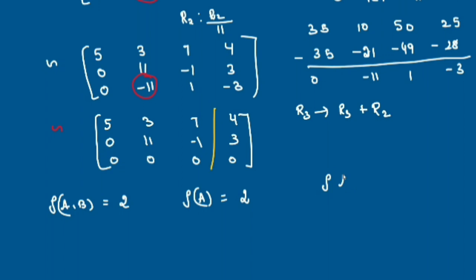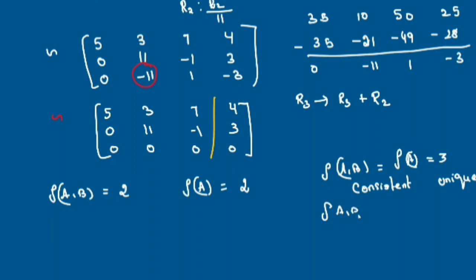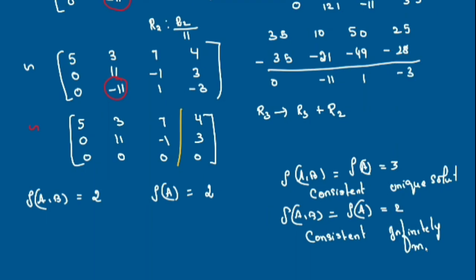So if rank of AB is equal to rank of A, and it is equal to 3, then we say consistent, unique solution. If rank of AB is equal to rank of A and it is less than 3, we say consistent and infinitely many solutions.